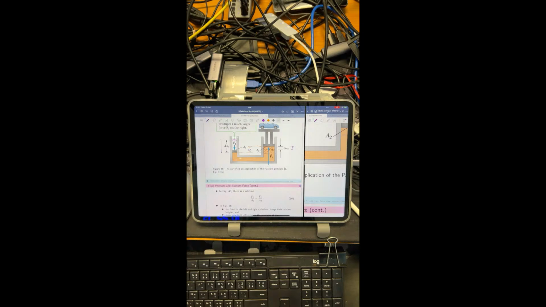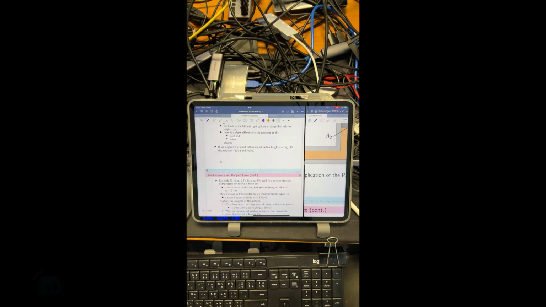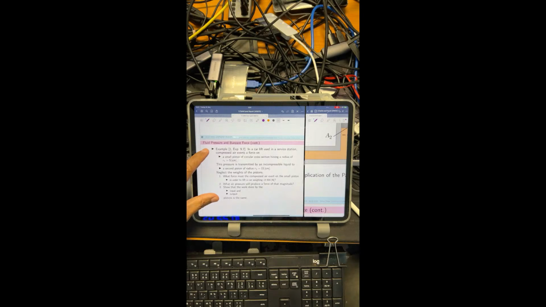We neglect the additional amount of fluid, as I said last time, and yes, we neglect the small difference of piston heights, okay, and those different heights would cause also additional pressure, and we arrive at the next example, right? The first example about Pascal Law. Okay, Pascal Law is a problem about fluid pressure actually.